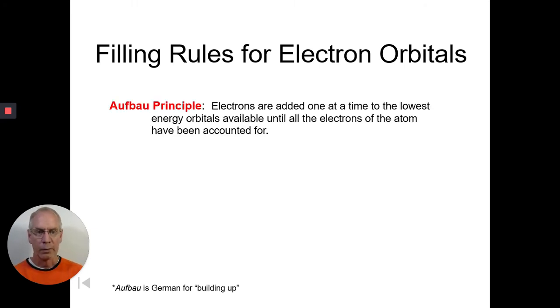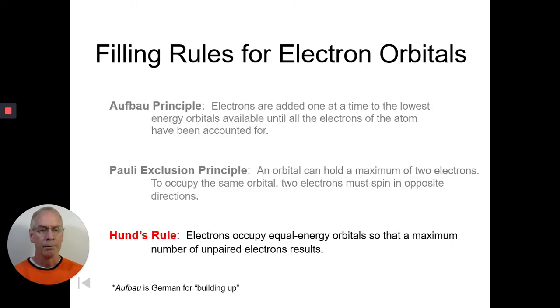Now there's another rule, and the next rule that we need to know is called the Pauli exclusion principle. What it says is an orbital can hold only 2 electrons, 1 or 2 electrons. But in order to occupy, that is to have 2 electrons in a single orbital, they have to be spinning in an opposite direction. It turns out when an electron spins, it creates a magnetic field.